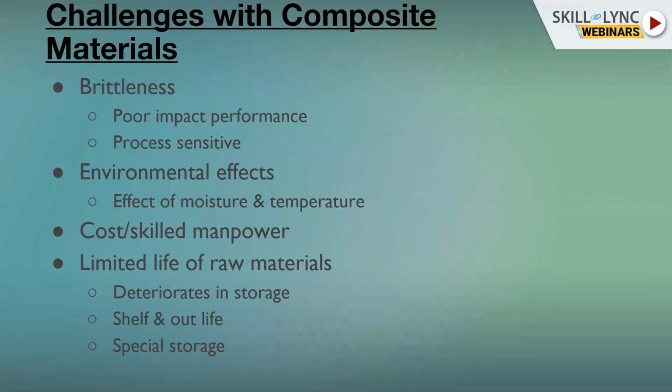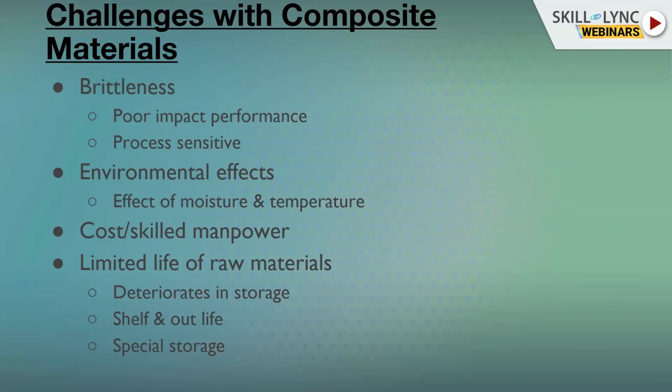But if these process parameters are not controlled, there is a possibility of defects, and this is why we say they are process sensitive. The process has to be followed, and if the process is followed, the defects will be very minimal. But if the temperature is not controlled, if there is lots of humidity, then it affects the part which is being produced. So controlling the process parameters like temperature, humidity, pressure, etc. is very important.